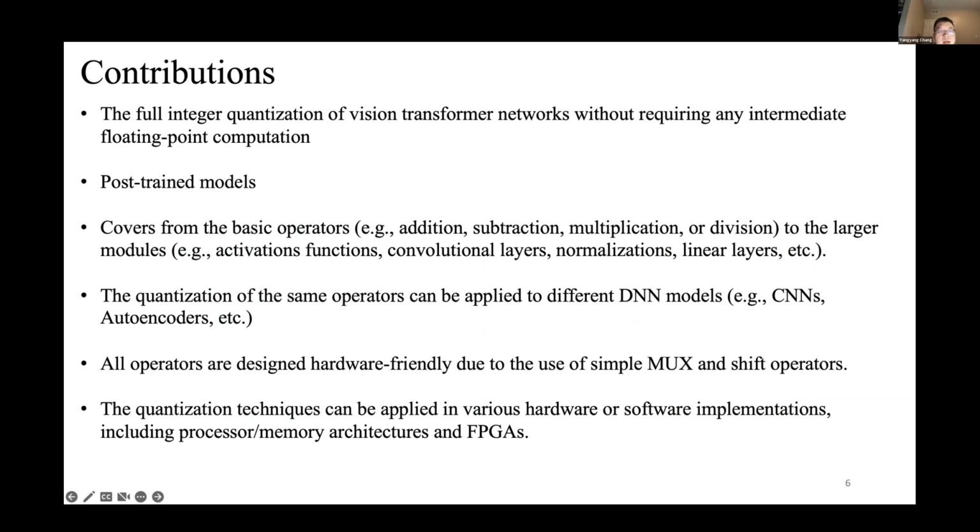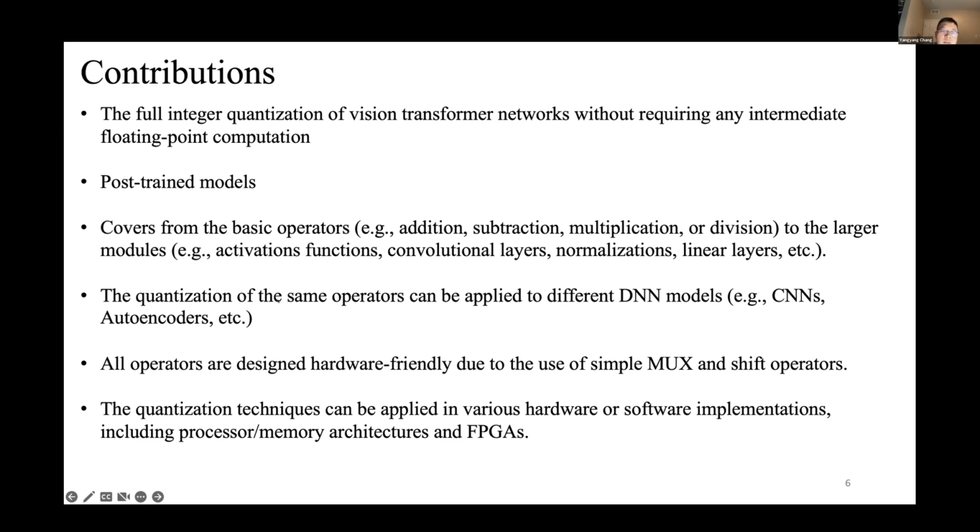In our paper, we cover all the methods from the basic operators to the large models, including addition, subtraction, multiplication, activation functions, convolutional layers, and so on.